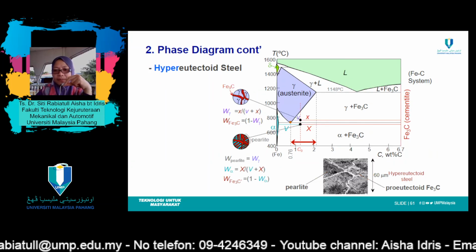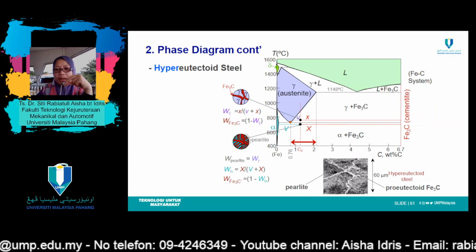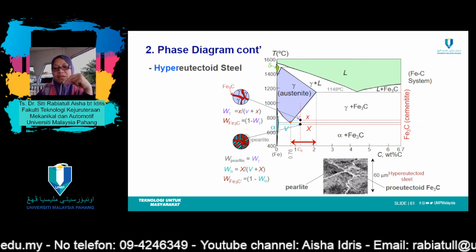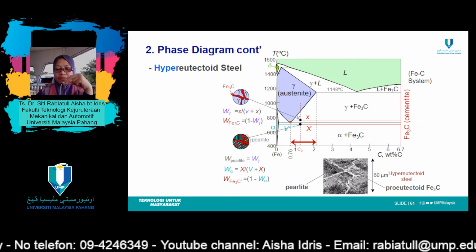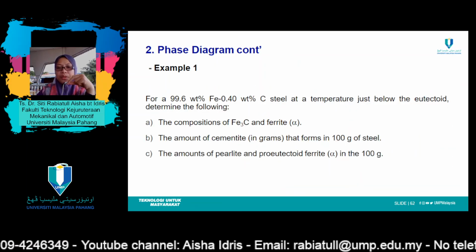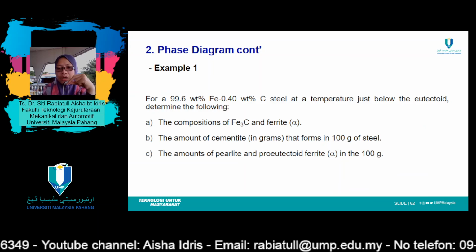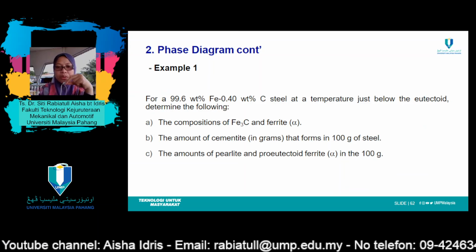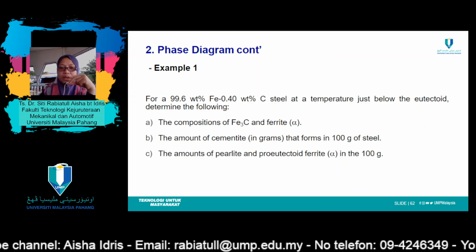All right. Again, the same thing: you may calculate the weight percentage or weight fraction for each phase. Now let's do this example together. I have a few examples for this topic today.